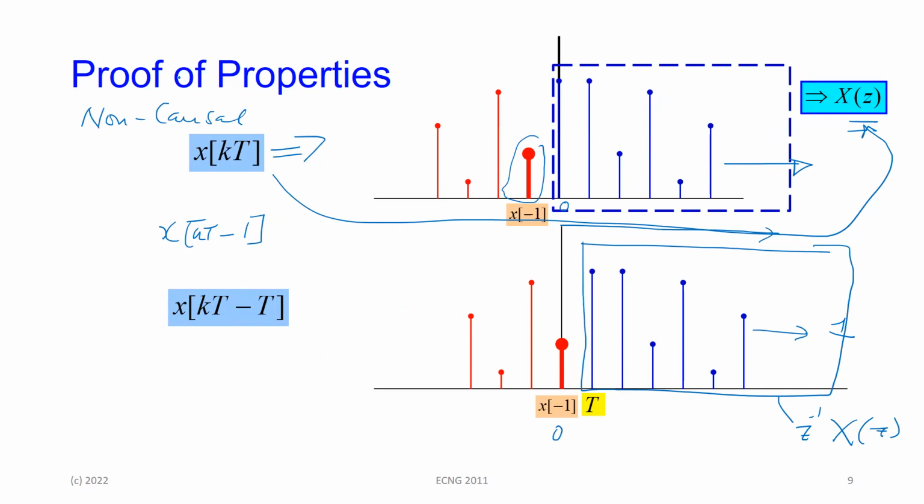But because we're dealing with a non-causal signal, I'm not multiplying it by any unit step here. I now have to have the Z transform of this value here because I'm summing from 0. So this particular one is z^-1 X(z) plus that value there now.